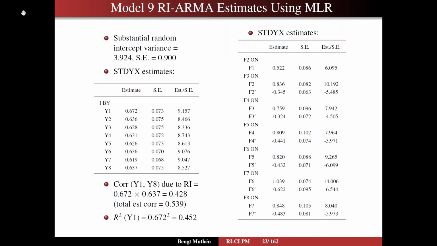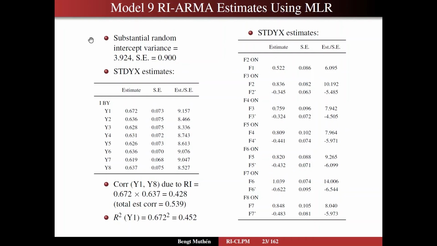On slide 23, then, we have the estimates for the RI-ARMA model using maximum likelihood estimation with robust standard errors and chi-square. The first thing you want to look at is whether or not you have a substantial random intercept variance. Here the estimate is 3.9 with a standard error of 0.9.